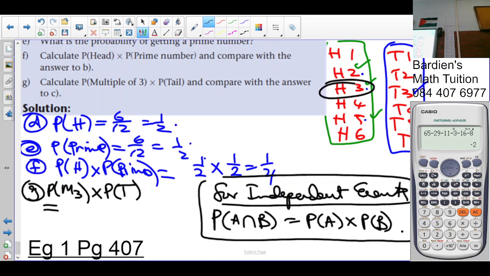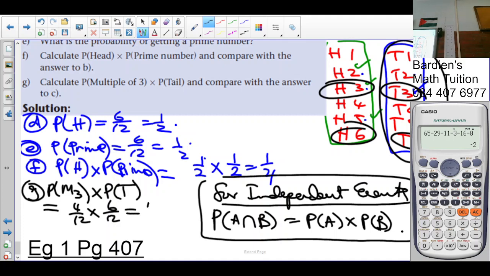It's 3, 6. So a multiple of 3 is going to be 4 out of 12, times the probability of tails. How many tails are here? 6 out of 12, not so? So that will give you 1 out of 6, not so?